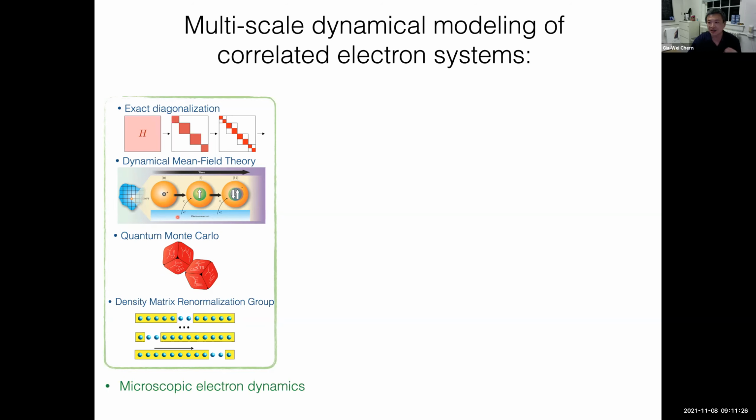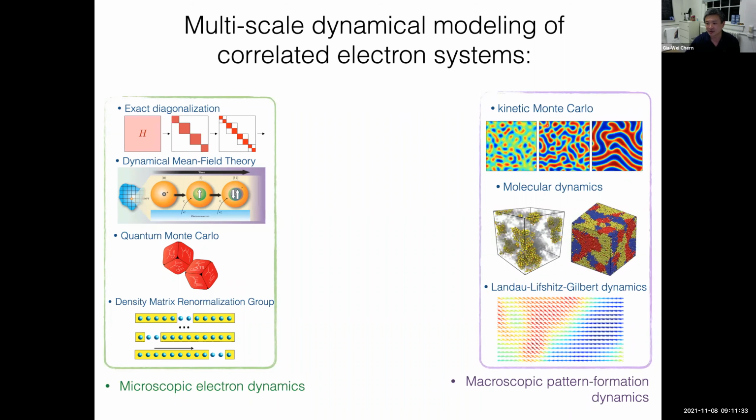But on the other hand, in order to model this inhomogeneous phenomenon, we also need to do large-scale macroscopic pattern formation simulations that involve kinetic Monte Carlo methods or molecular dynamics, or for spin systems, Landau-Lifshitz-Gilbert dynamics. So on one hand, you need to do time-consuming microscopic calculations. On the other hand, you also need to do large-scale simulations involving many electrons.